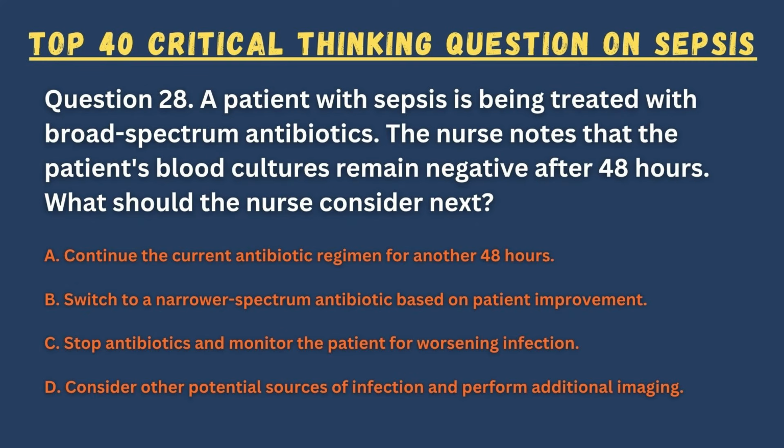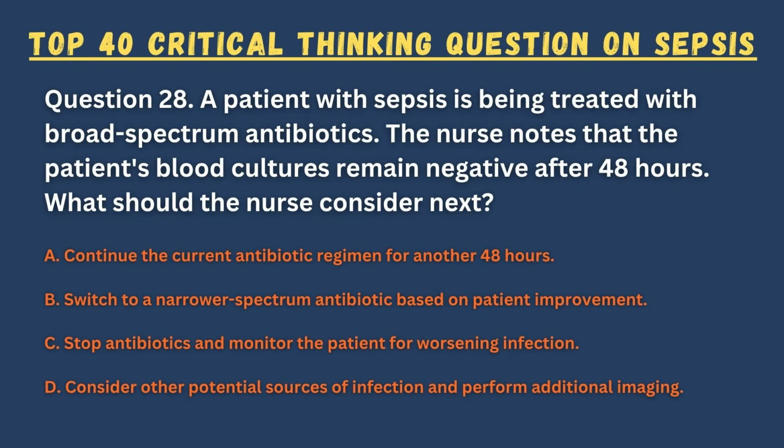Question 28. A patient with sepsis is being treated with broad-spectrum antibiotics. The nurse notes that the patient's blood cultures remain negative after 48 hours. What should the nurse consider next? A. Continue the current antibiotic regimen for another 48 hours. B. Switch to a narrower spectrum antibiotic based on patient improvement. C. Stop antibiotics and monitor the patient for worsening infection.